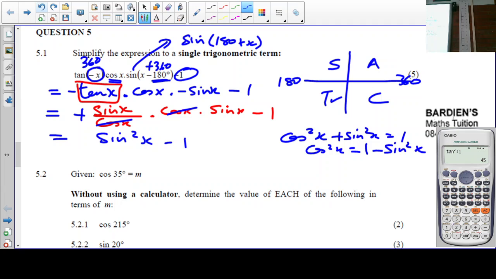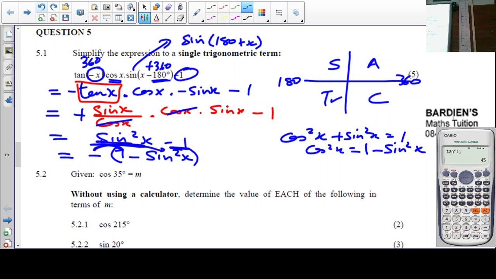You say, hang on, is that the same? No. So how do I get it the same? When we swap this around, the negative will come out, it becomes 1 minus sine squared x. Not so? Swap that binomial around with the negative between it, the negative comes out. So if you multiply this in, it's going to give you negative 1 plus sine squared.